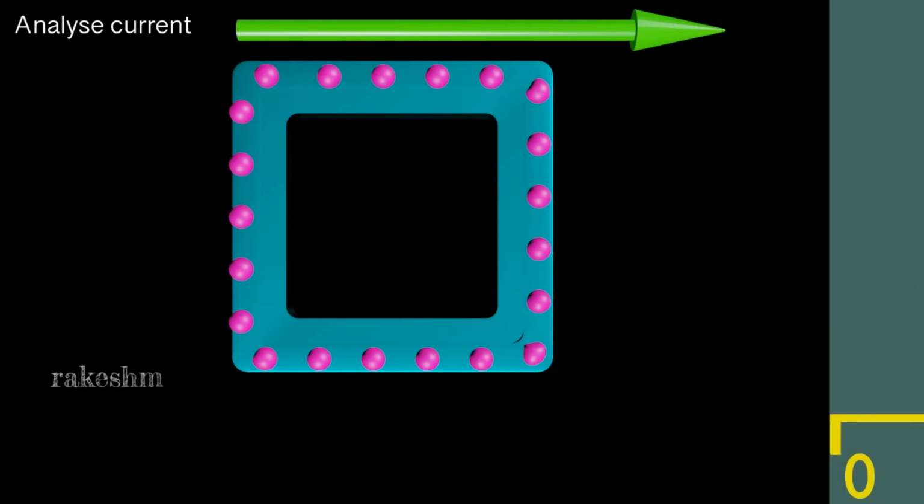Let us recall that the location of the loop is nothing but the location of the right edge of the loop. So if this right edge is at x equal to 0, we say the location of the loop is x equal to 0. First, let us have a look at the schematic and observe how the current in this loop behaves as it goes through the different regions of magnetic field.